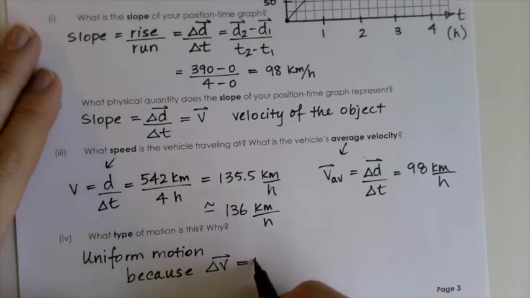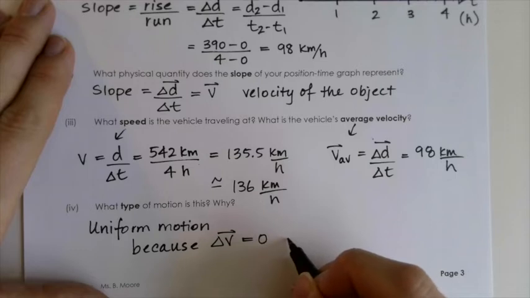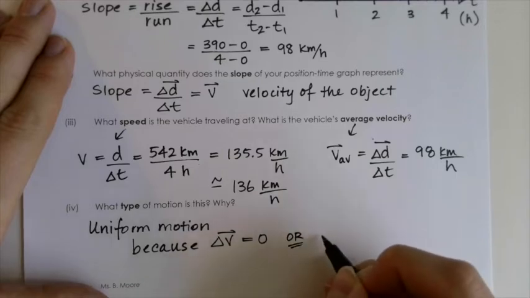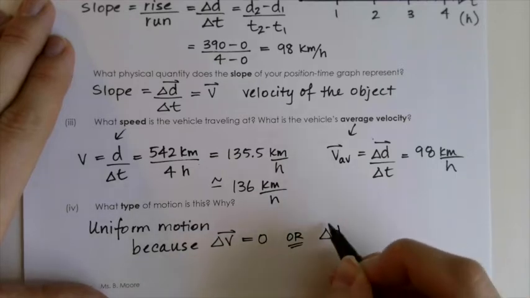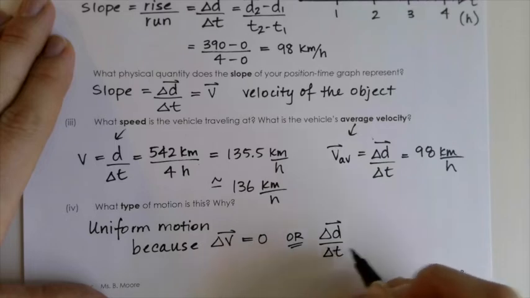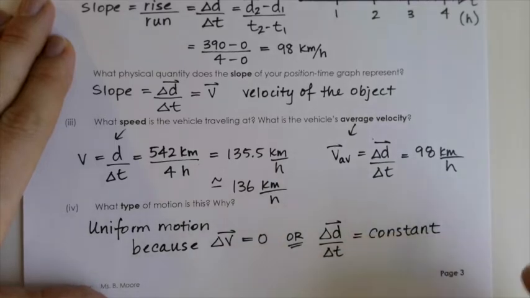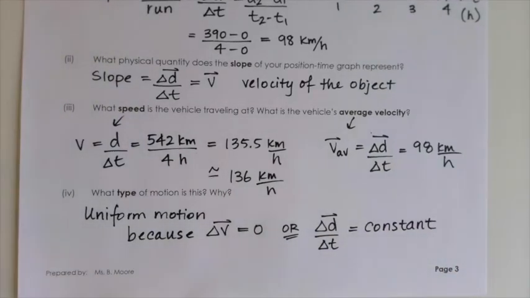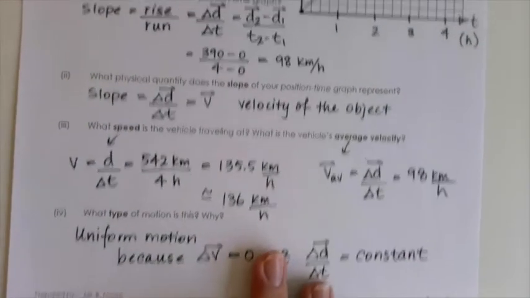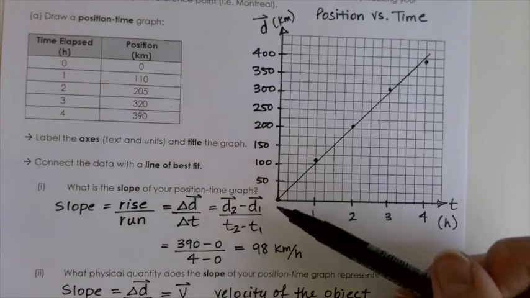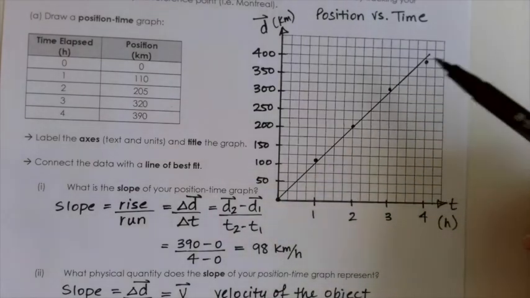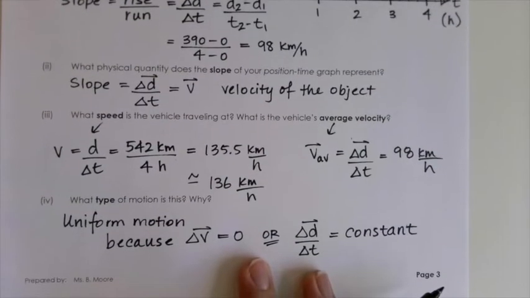You can say the change in velocity is 0, or you can say change in position over change in time is constant. You can see visually that that change is constant because this line increases at a constant rate per unit time.